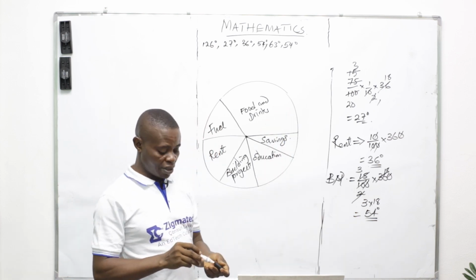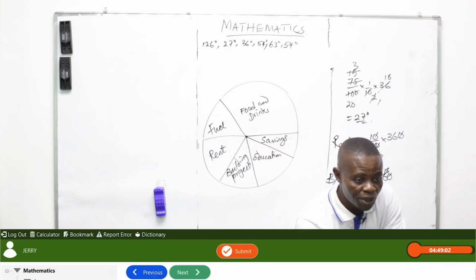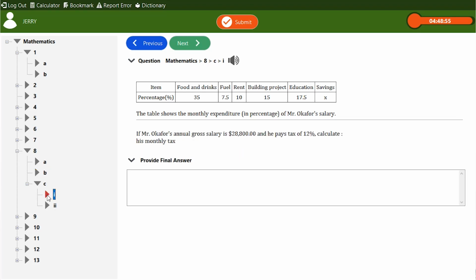Okay. This is the representation of question number 8B on a pie chart. Let's look at 8C, the I part of it. If Mr. Okafor's annual gross salary is $28,800 and he pays a tax of 12%, calculate his monthly tax. The tax for the month.